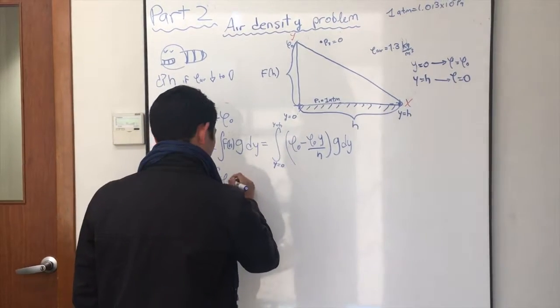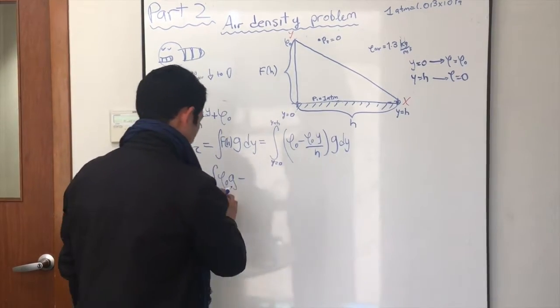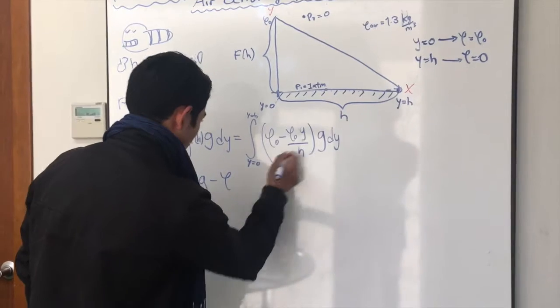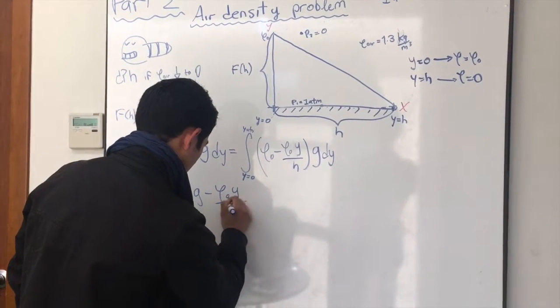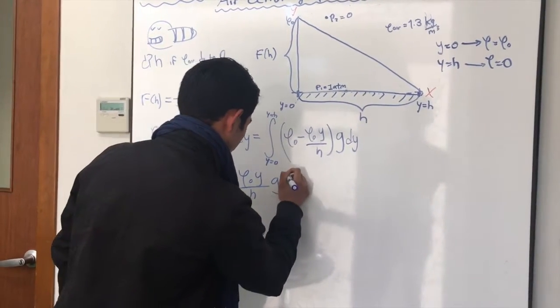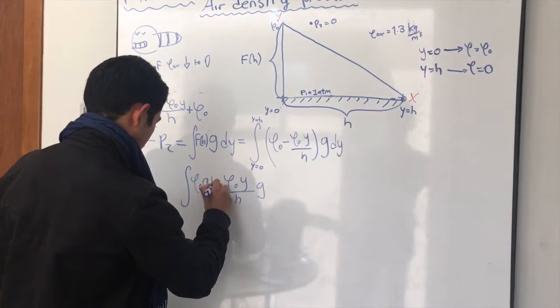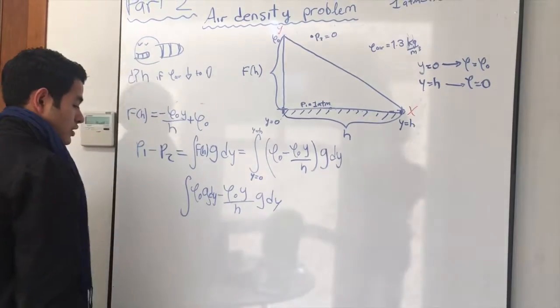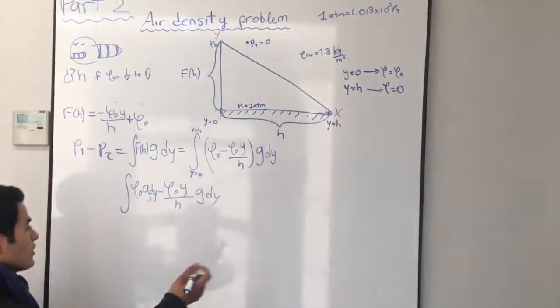So we have initial density times gravity minus all this times gravity times the differential of y.